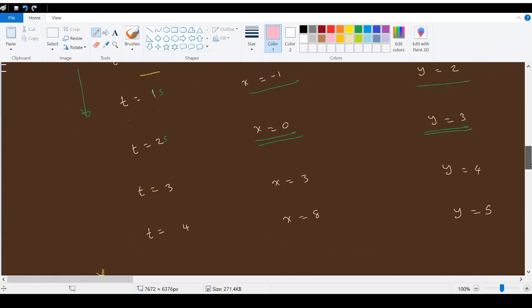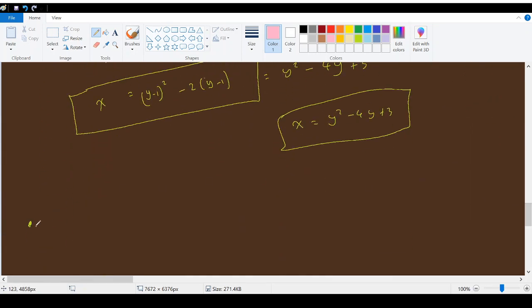Okay, so that's the second point that I want to mention. The first one is about extracting the direct relationship between x and y, and the second point is the meaning of this arrowhead in the curve.